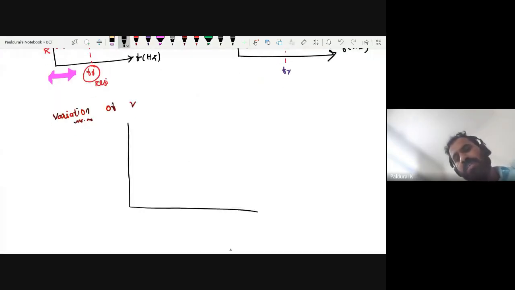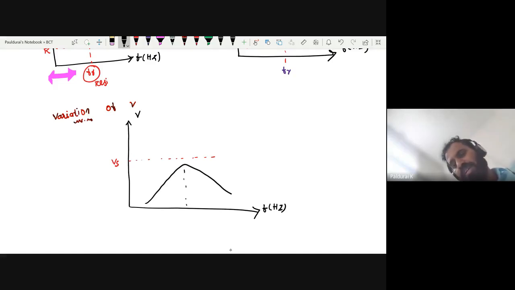Take this as my frequency in hertz, and here voltage in volts, and let me assume this is my applied voltage Vs. The voltage drop across the resistor is almost equal to it at resonant frequency. Now this is the voltage drop across the resistor. Take this as my resonant frequency. At resonant frequency, maximum voltage drop occurs across the resistor.